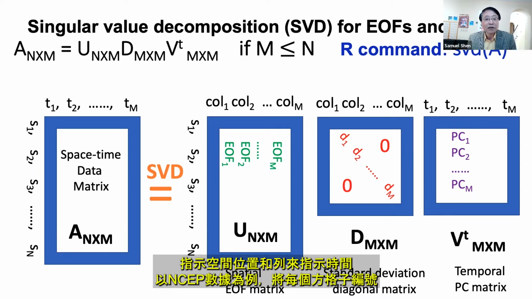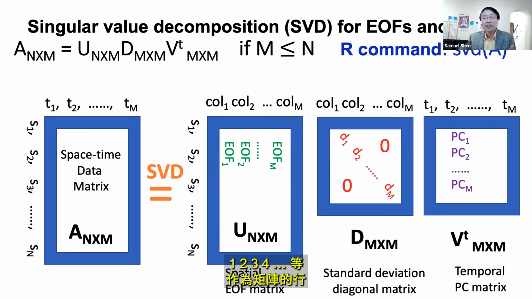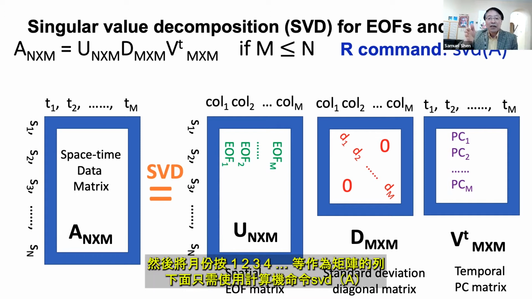In the case of NCEP data, just index the grid boxes, 1, 2, 3, 4, as the rows of the matrix, and the months, 1, 2, 3, 4, etc., as columns of the matrix.